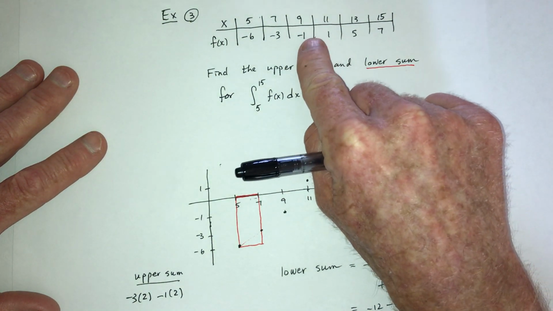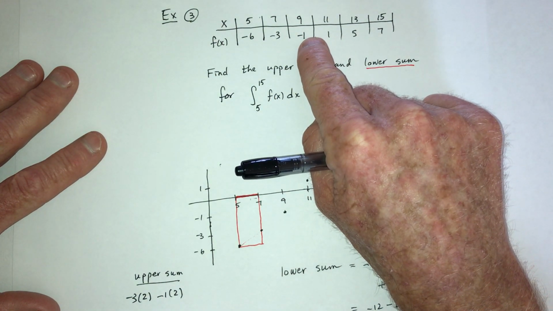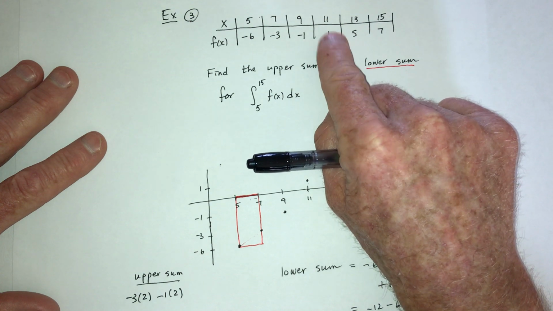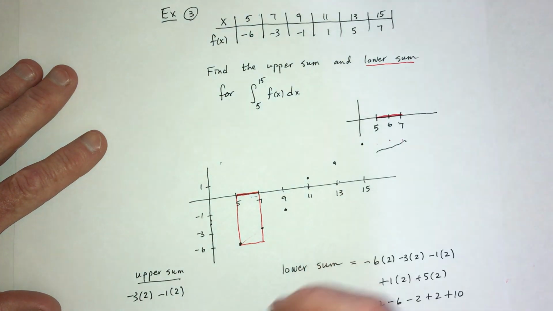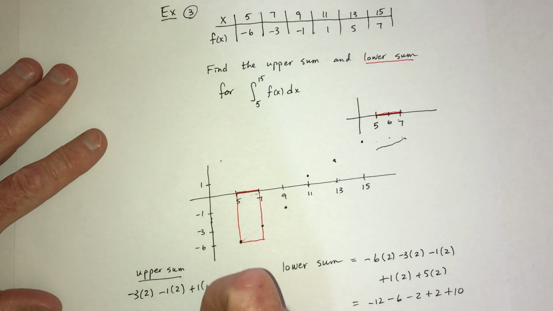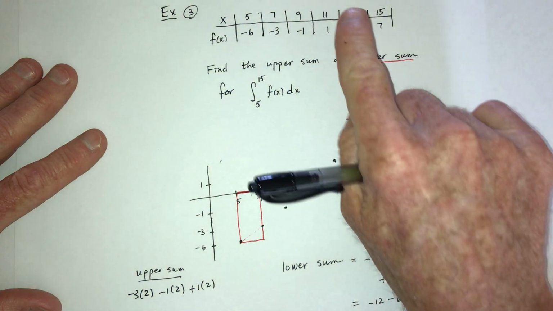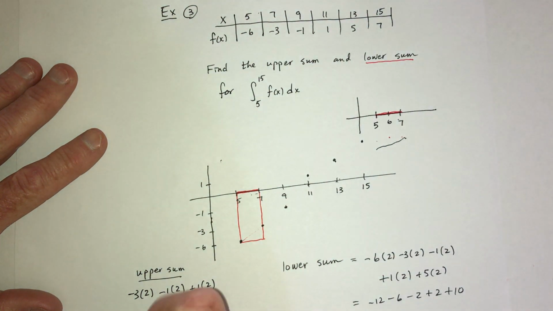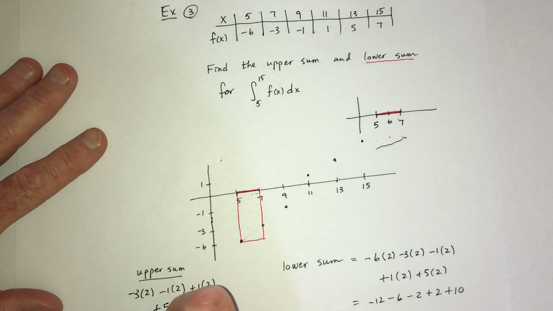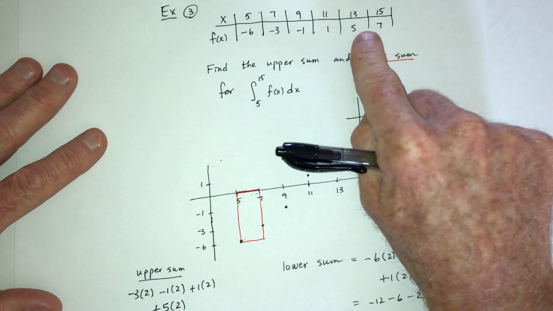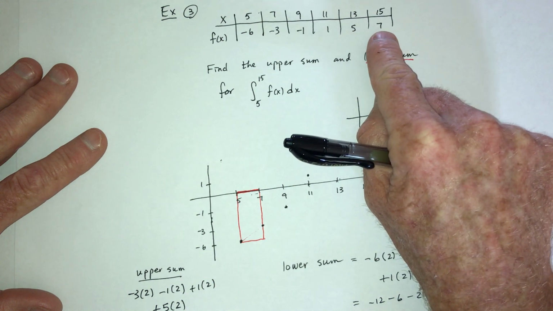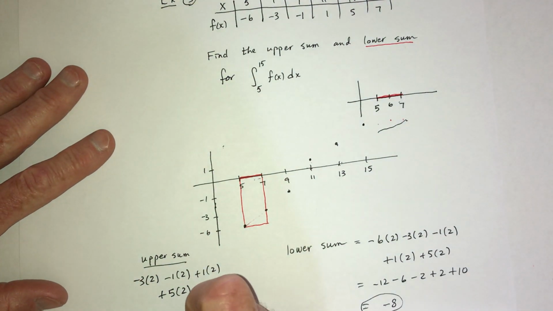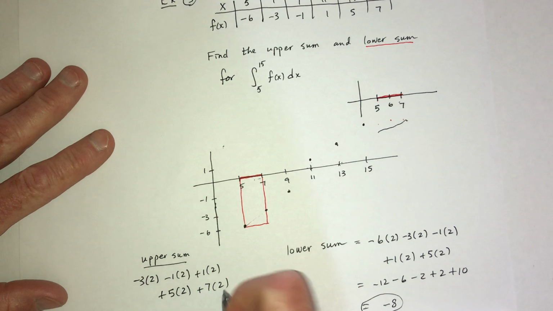And then between 9 and 11, the bigger number is the 1. So it's going to be 1 times the width of 2. And then for these two, the bigger number is going to be the 5. So +5 times the width of 2. And finally, between these two, the bigger number is 7, so use plus 7 times the width of 2.